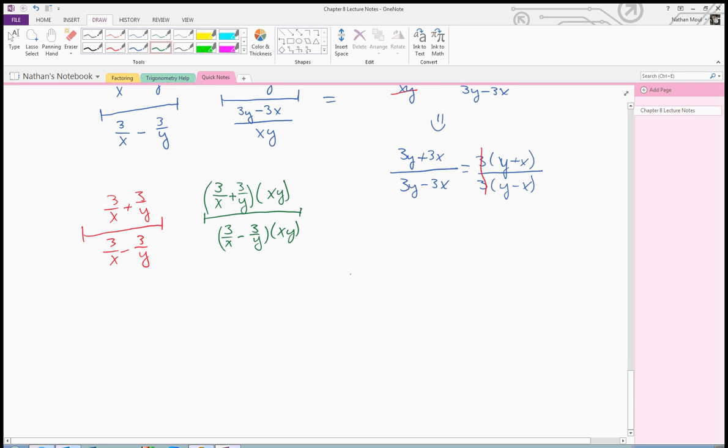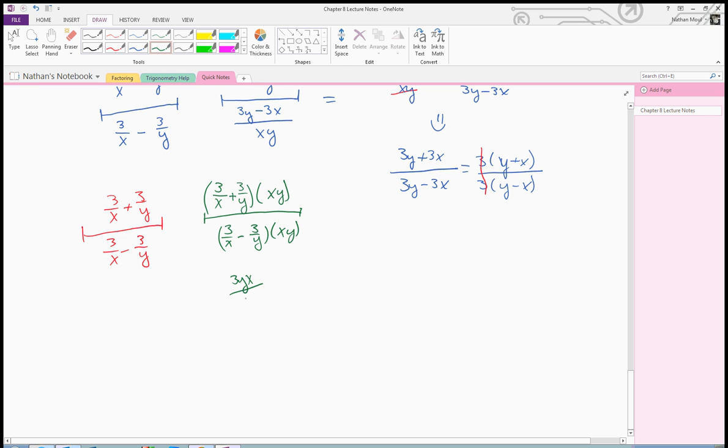And our first factor is actually going to be, now remember this is xy over xy. Well, let's not say that. Let's not even go there. This will be 3y. The x's will cancel.